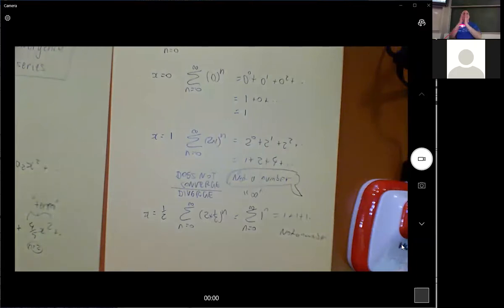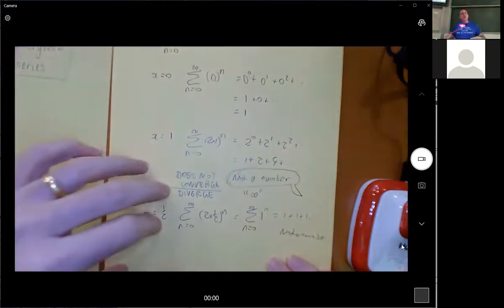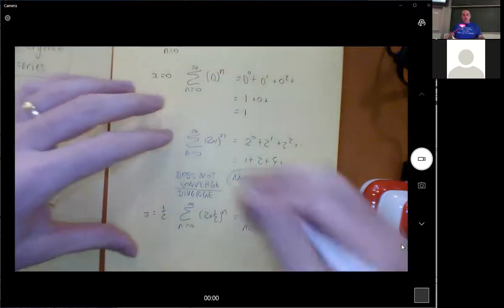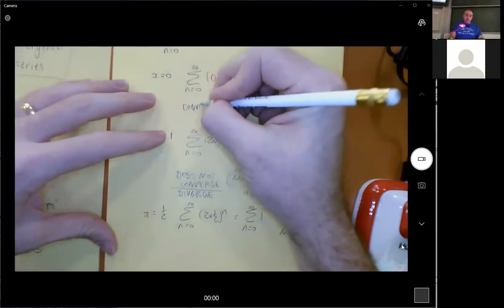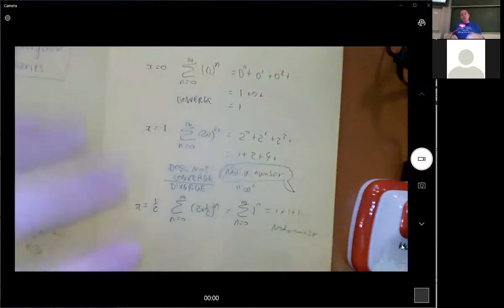Diverge in English means move apart, which is strange for this. But what it's moving apart from is any finite number. So different x's will produce different series, and those series will either converge and be a number, and you may or may not know what that number is, or they won't converge and they won't be a number.